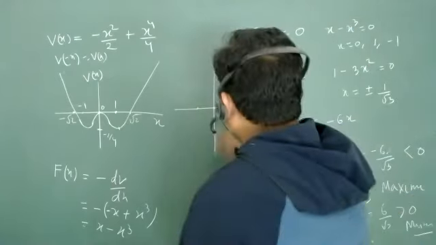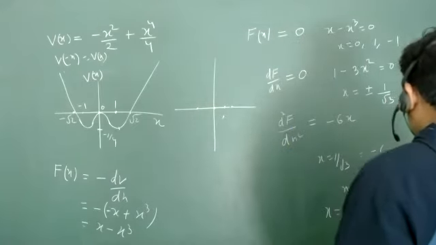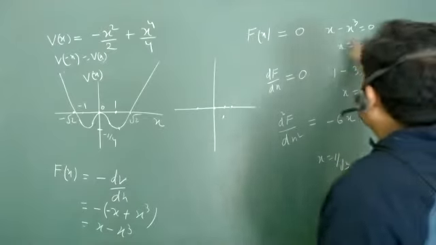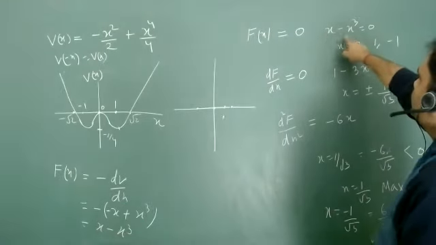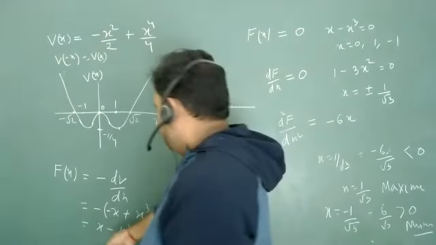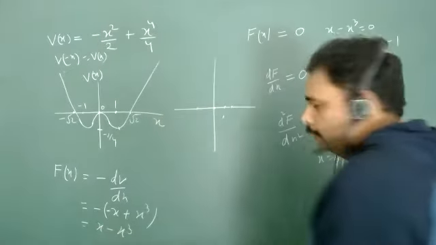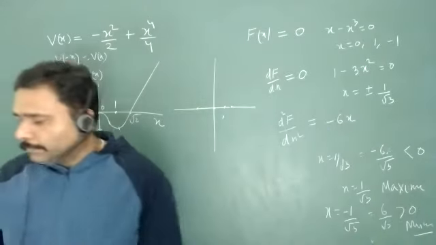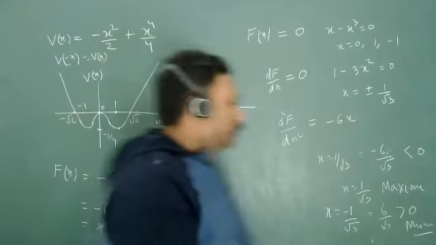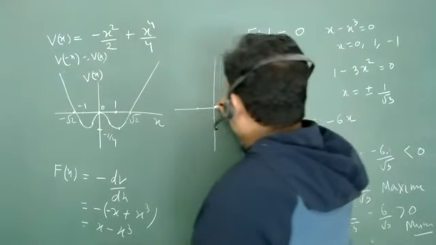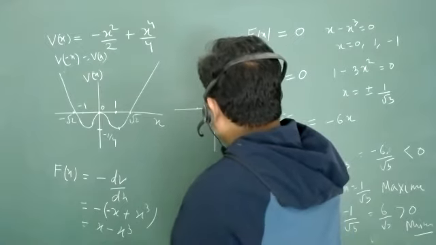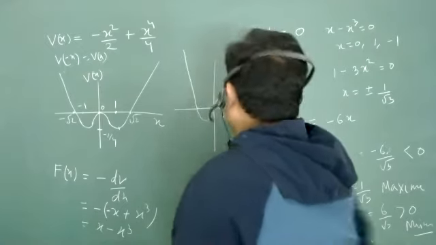It is 2 by 3 root 3, which means a positive value. So this is something like this and going like this, and again something like this and going like this. So this is your force diagram.